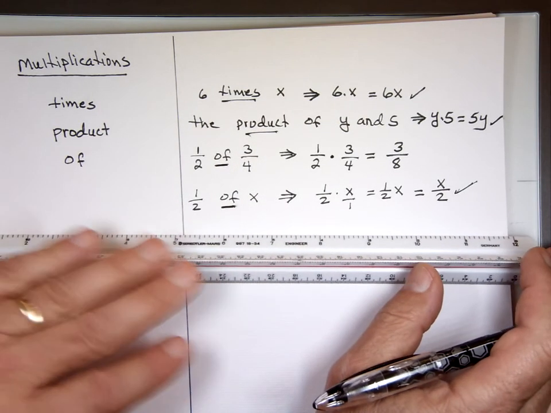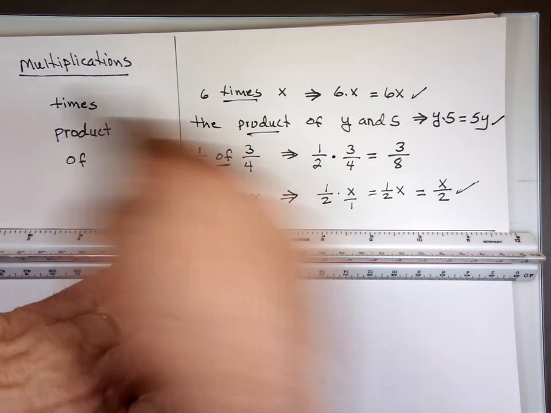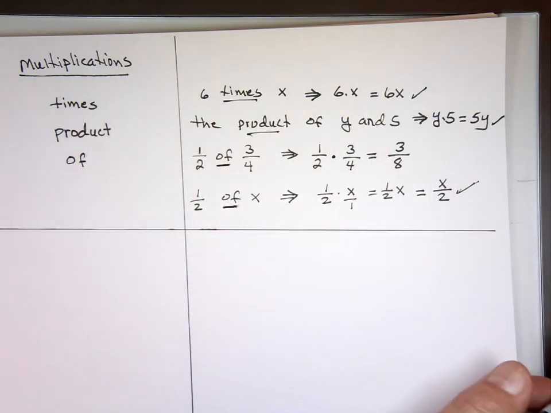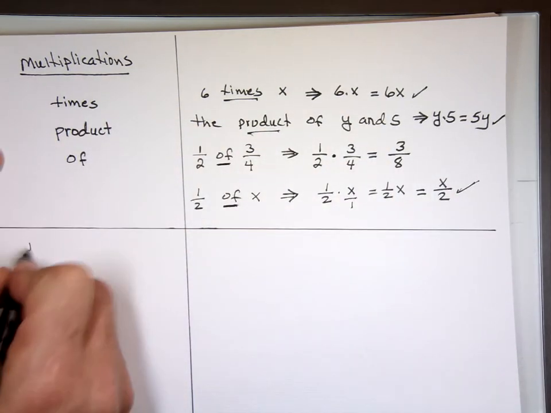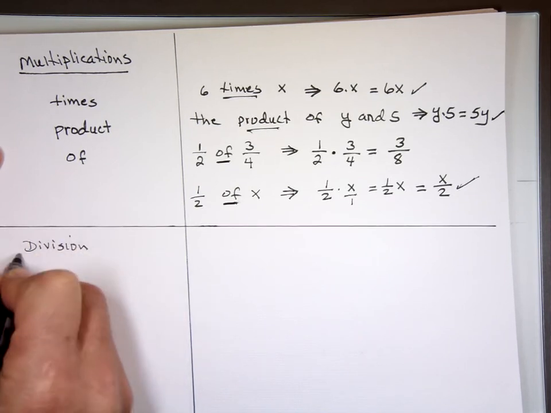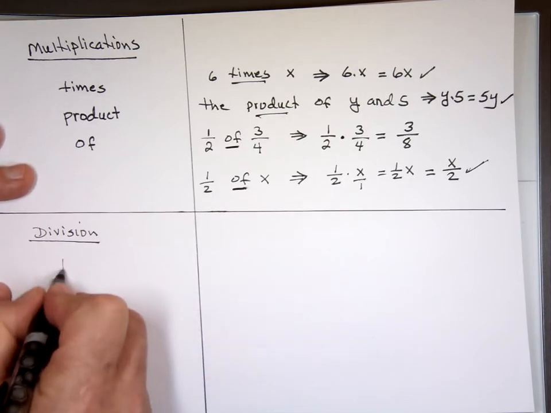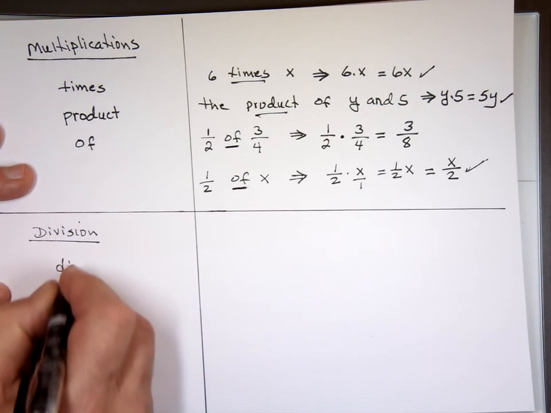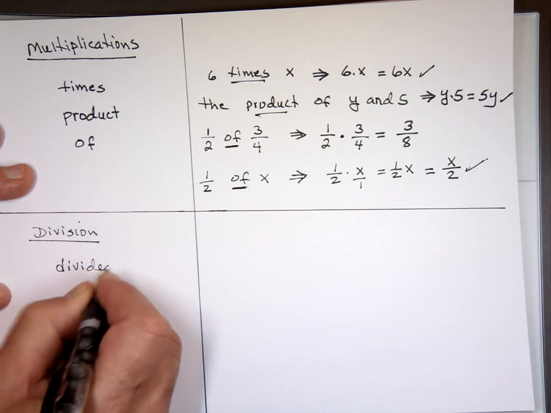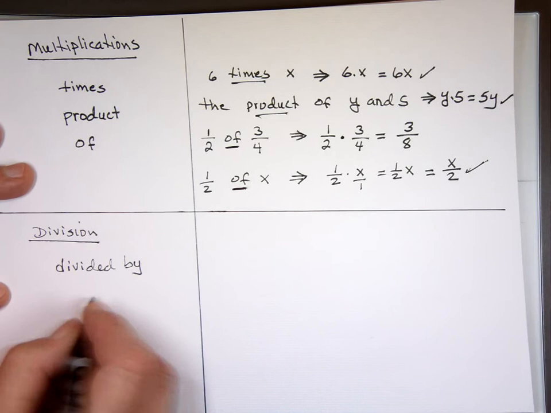And we'll look at division. Again, the keywords for division: look for divided by. Look for the word quotient.